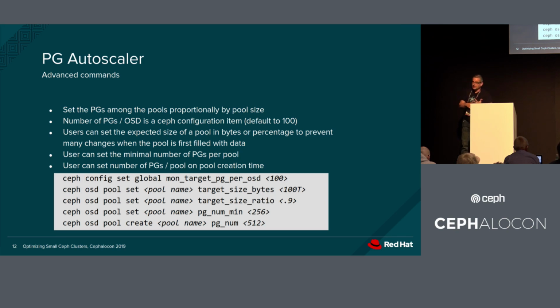All these are techniques that may help you prevent the autoscaler from doing things incrementally. Like you start a system, it's empty, you have a small number of PGs, then you start putting data, then you need more PGs, and it doubles it. You put more data, it doubles it again, and then you have an iterative process. And eventually you end up moving a lot of data many times.